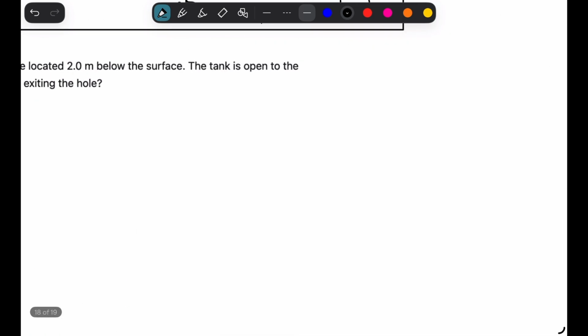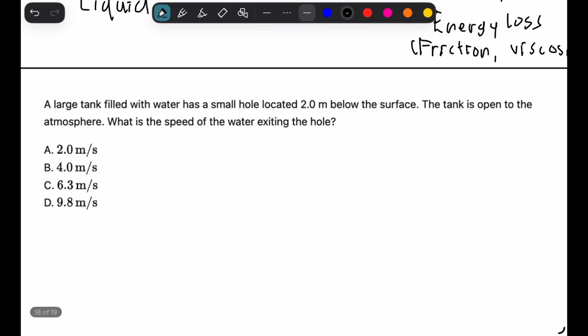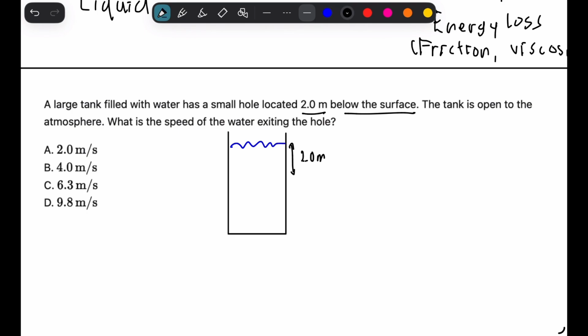Now let's do some practice problems. Let's say we have a large tank filled with water, with a small hole located 2 meters below the surface. The tank is open to the atmosphere. What is the speed of the water exiting the hole? Now, if this is 2 meters below, we have our water exiting here.